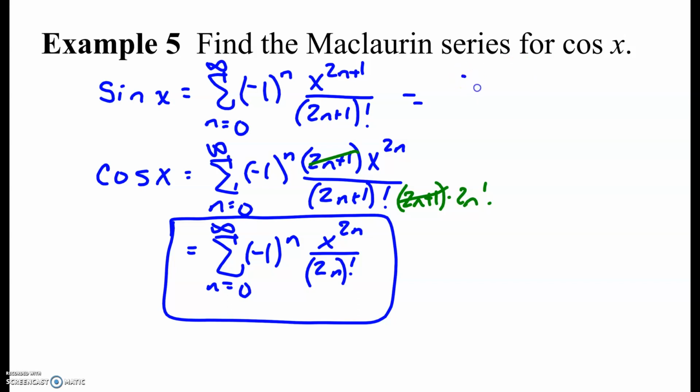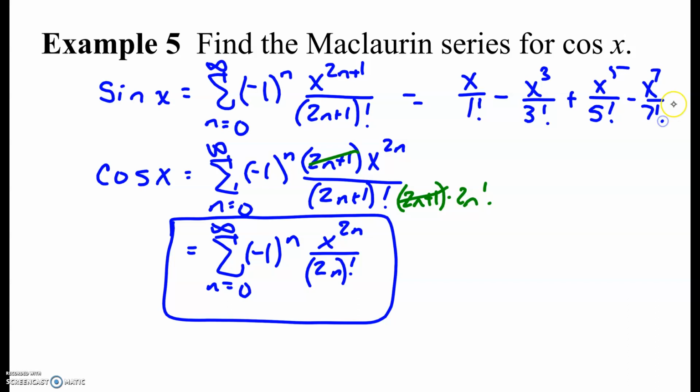Sine is x over 1 minus x cubed over 3 factorial. You could put the factorial in the denominator for x as well. X to the 5th over 5 factorial minus x to the 7th over 7 factorial, and so on.